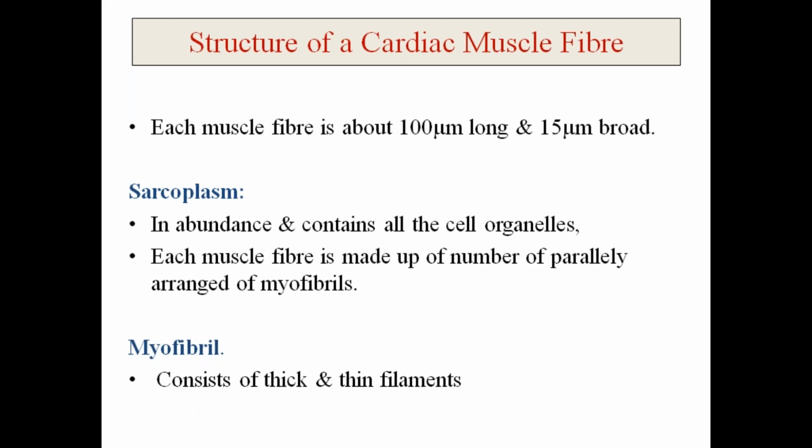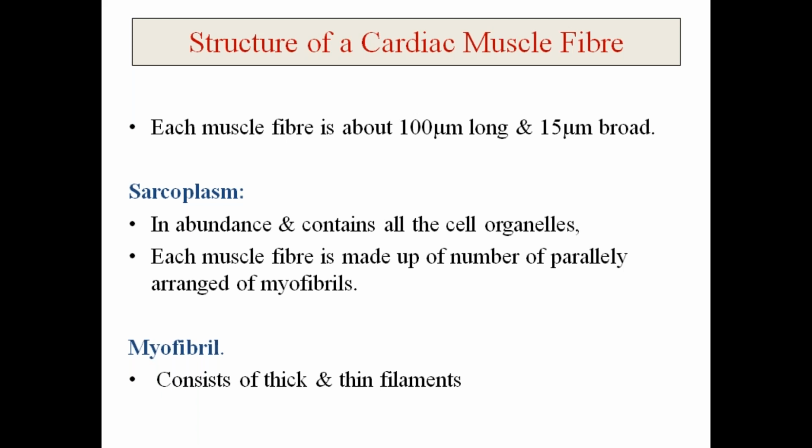Inside the cardiac muscle fiber you have, similar to skeletal muscle, parallelly arranged myofibrils, and these myofibrils are made up of thick and thin filaments. The thick filament is myosin, and the thin filament is made of actin, troponin, and tropomyosin.